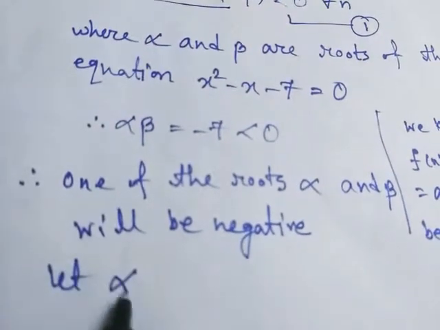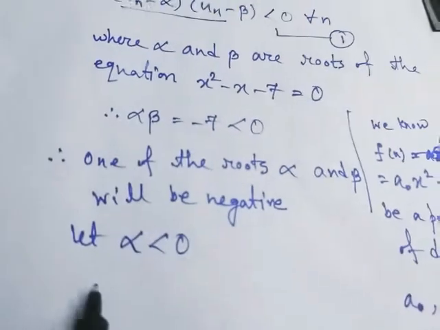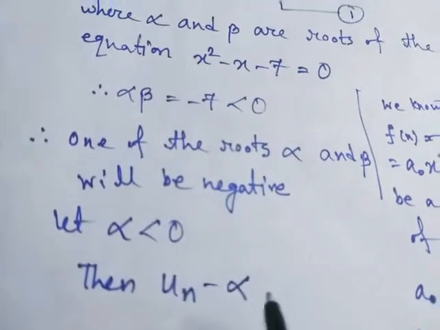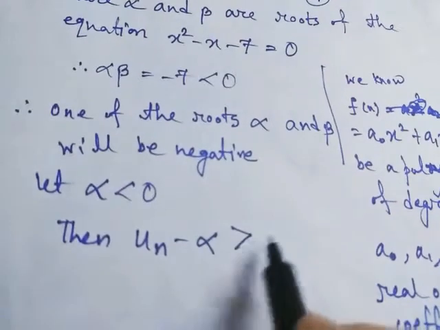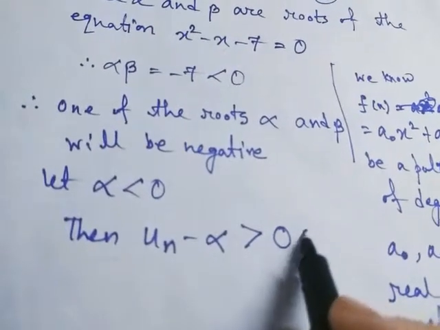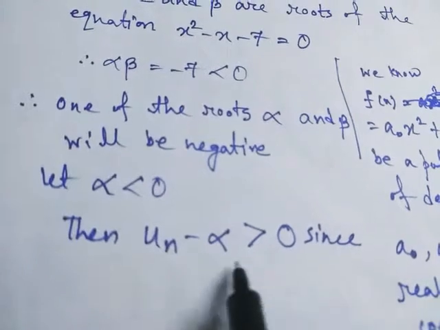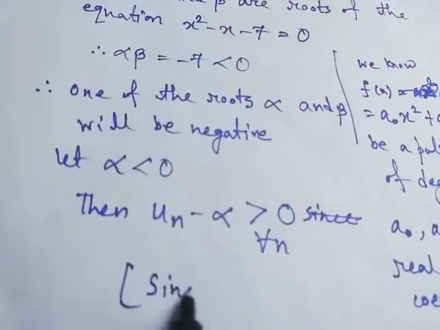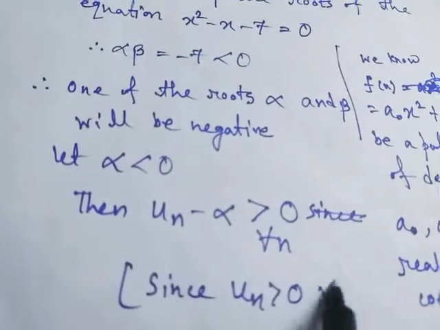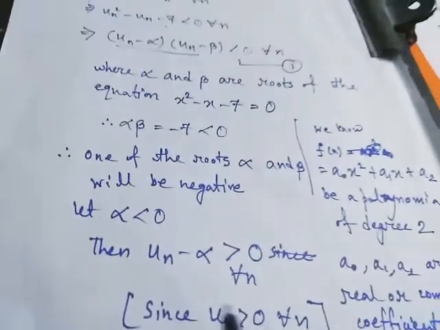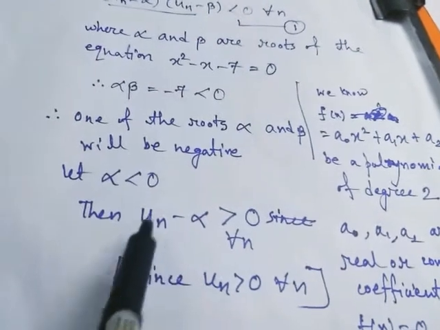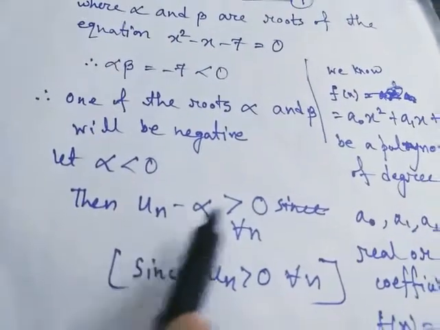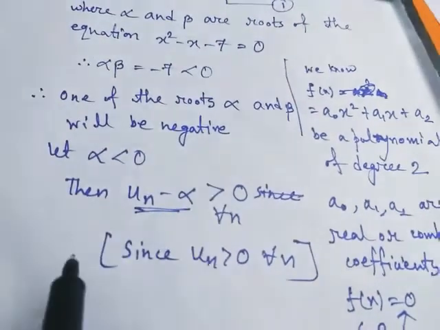Let alpha be negative. Then u_n minus alpha must be positive, since u_n is greater than 0 for all n. The term is positive, and minus alpha is positive, so this term will be greater than 0.